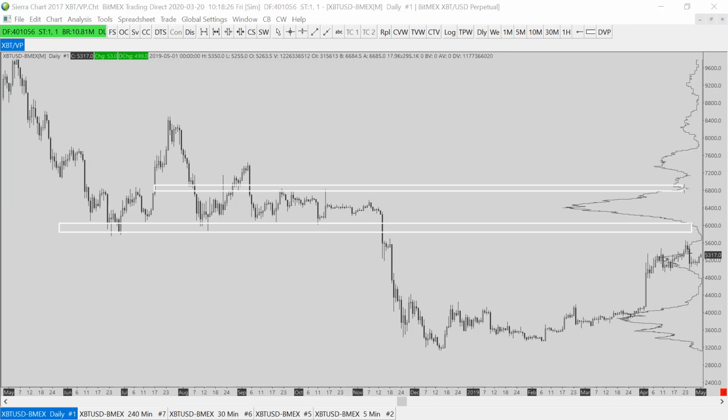So the profile, or a composite profile like this, is a really good tool for kind of objectively finding and marking out levels without having to think too much.